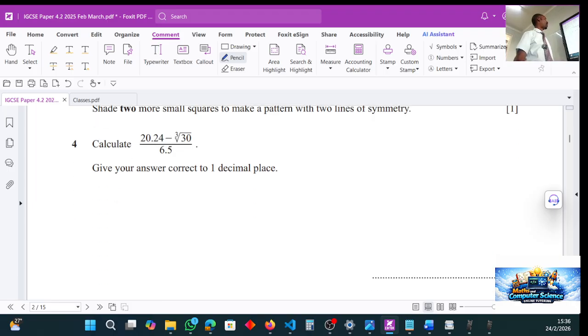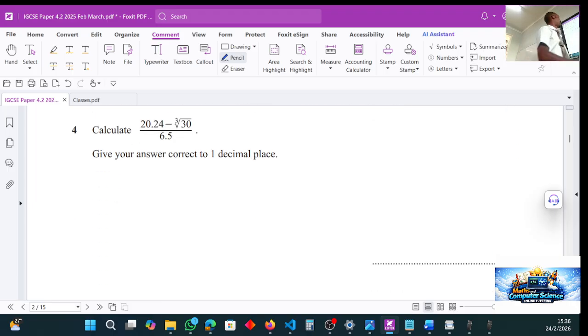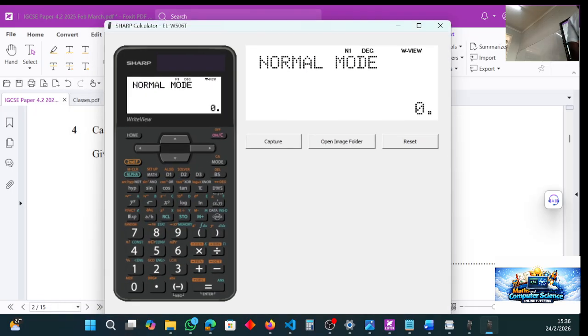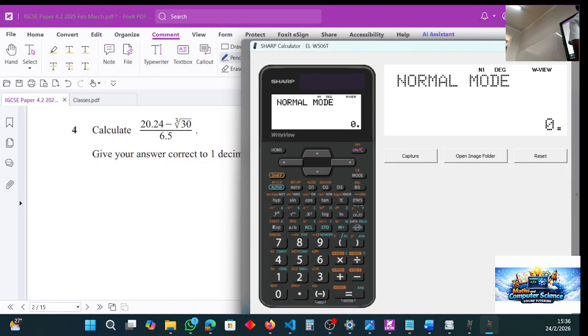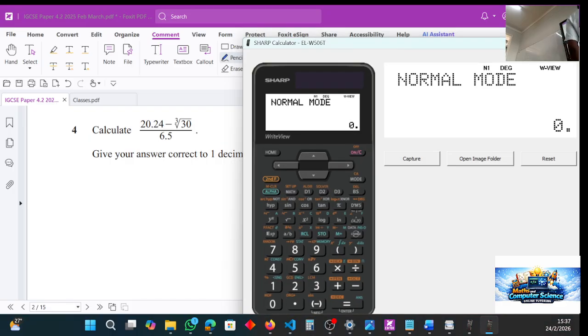Then next we want to calculate the given expression there. And this one we might need a calculator. There is 20.24, and we are subtracting the cube root, which we find from this part where we put 30 inside the brackets.